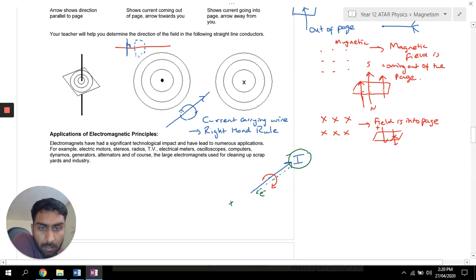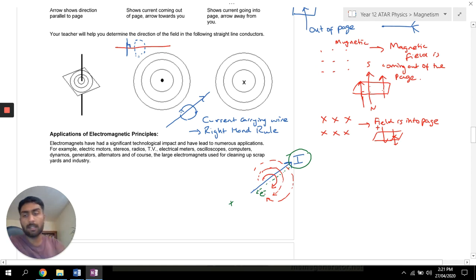If you have a current carrying wire, the field gets weaker and weaker as you go further away from that wire. If you turn off the current, there is no field around the wire.